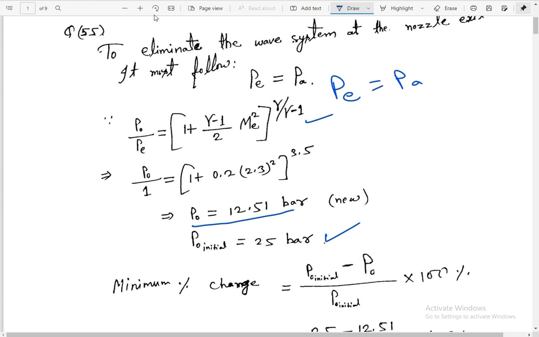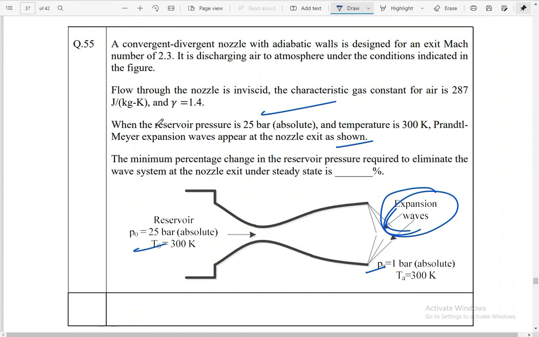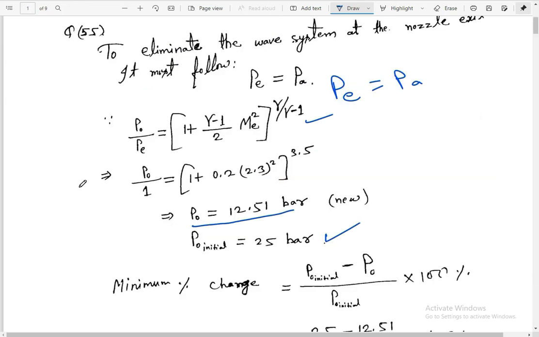Exit Mach number is given 2.3. Initially the P naught is given 25 bar.